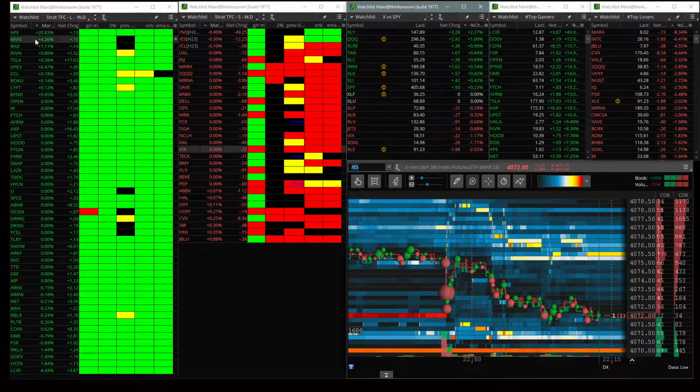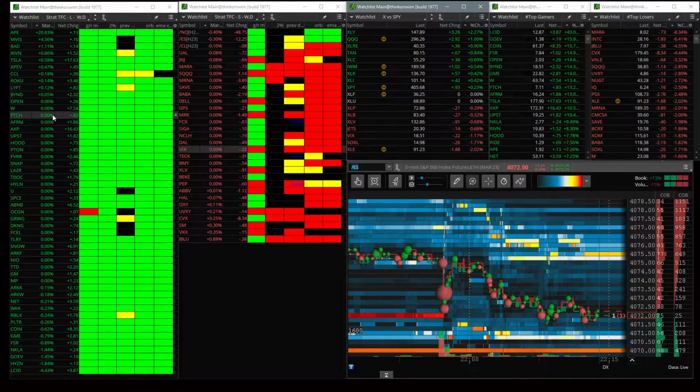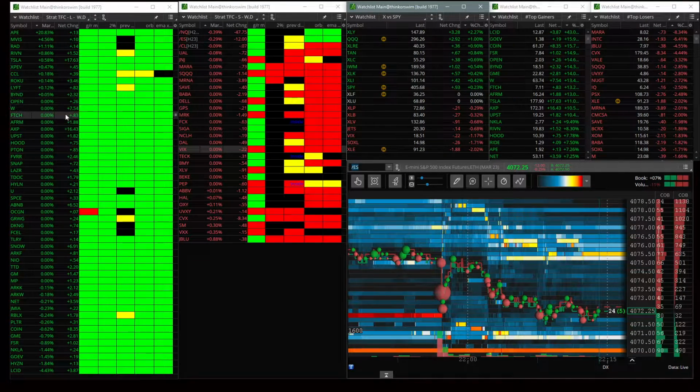That's the first thing. If it's not green on the day, but maybe it's green on the week, it's not going to show up here. Or let's say it's having a really good day, it's up 5-6% on the day, but the week is red. It's not going to show up here. So there has to be some continuity for these stocks to show up here.